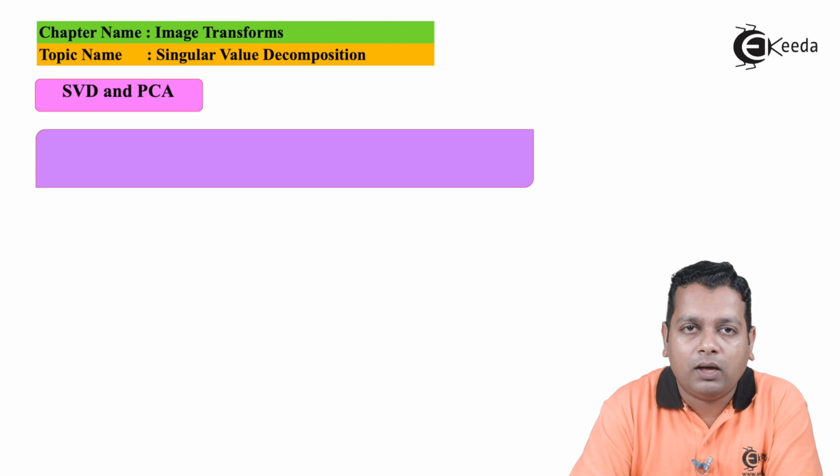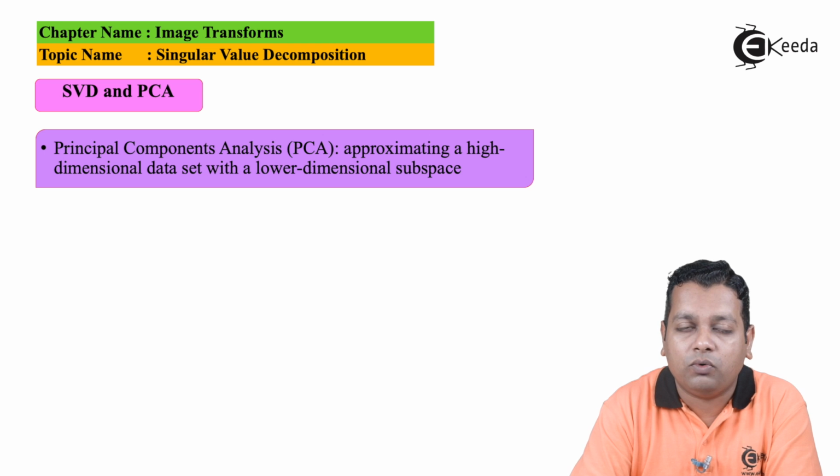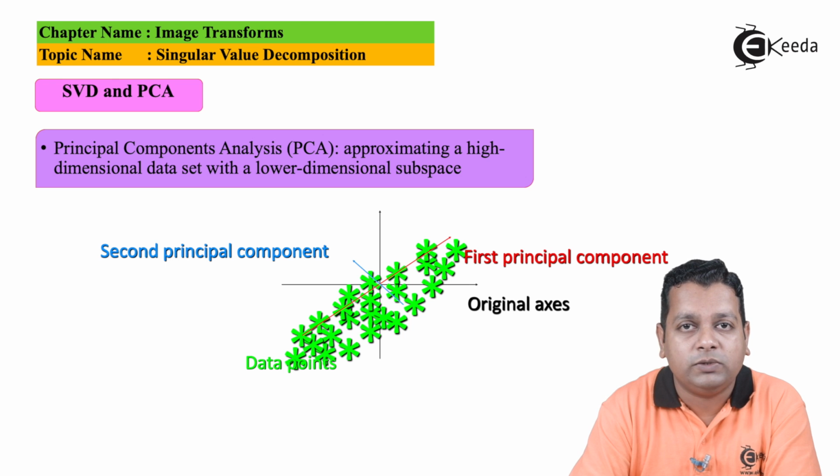Now we have another comparison and more details with respect to SVD and a very popular technique in the image processing domain, that is PCA. SVD, as we have just seen, stands for singular value decomposition. Principal component analysis is abbreviated as PCA.